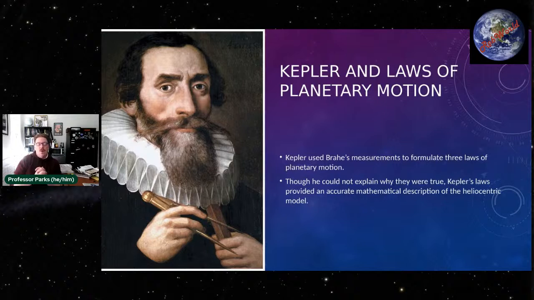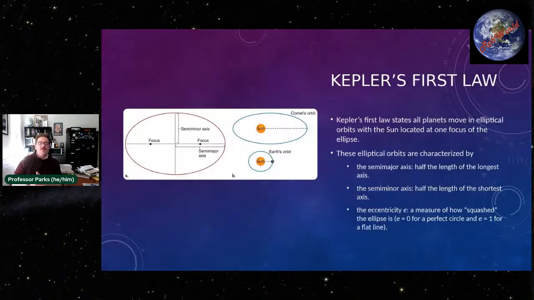When Kepler created his model, what he really did was formulate three laws of planetary motion. The first was he got rid of the Aristotelian belief that planets, or really objects, move in perfect circles.